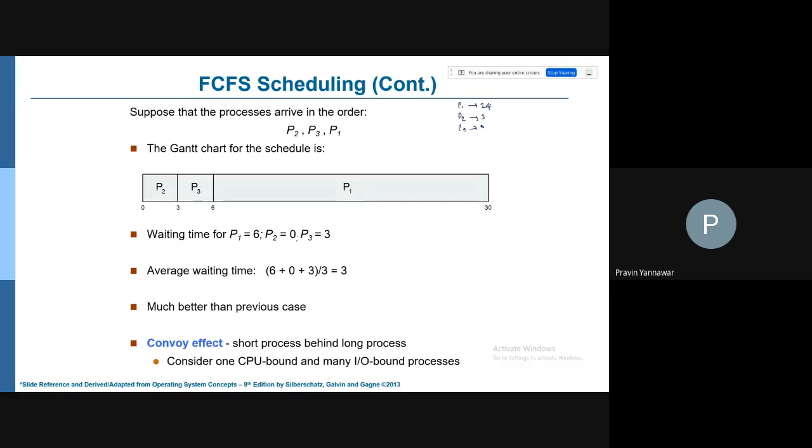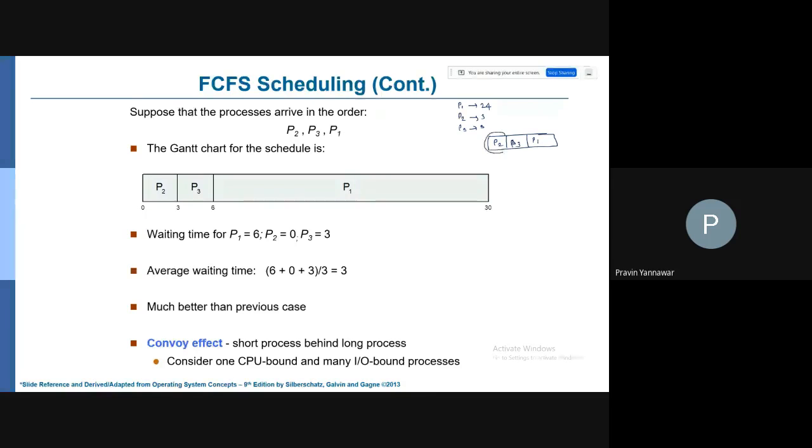But their way of arriving is different. They have arrived in this particular way into the ready queue: P2, P3, and P1.